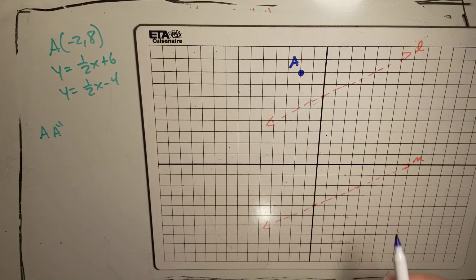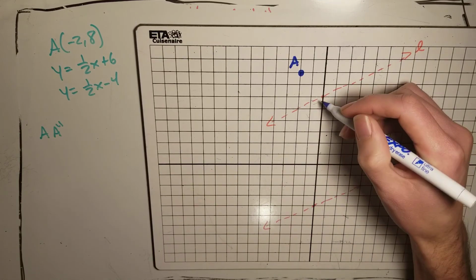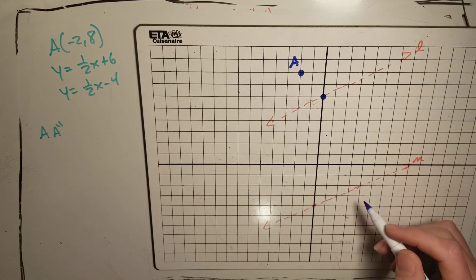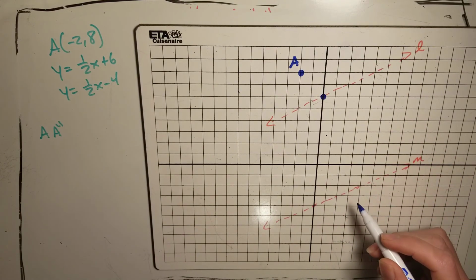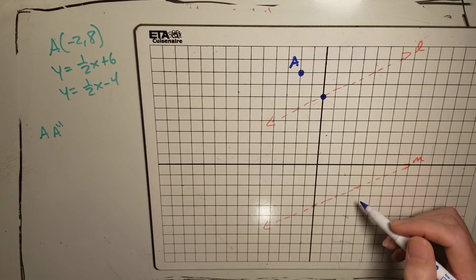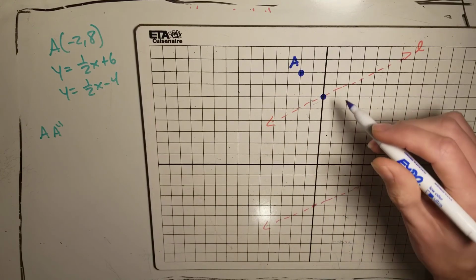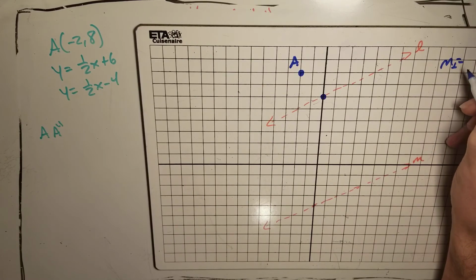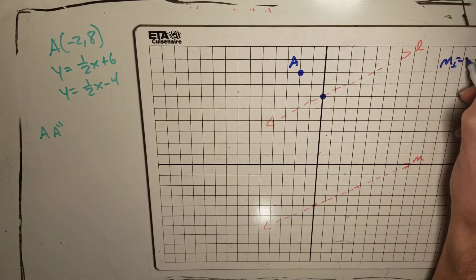So let's look. To find the distance between 2 parallel lines, you need to find a point on each one. So I like using a y-intercept. And then in order to find the distance, we're going to have to use 2 points, but they need to be perpendicular. So we're going to have to use a slope that's perpendicular. So it's going to have to be a slope of -2.